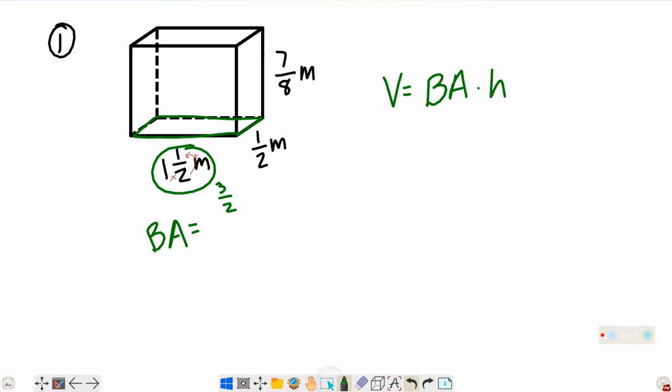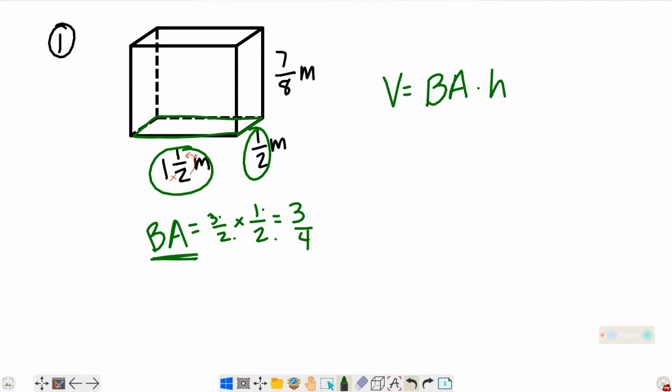So we are going to use 3 over 2 times 1/2 because that's the other dimension of that rectangle. 3 times 1 is 3, and 2 times 2 is 4. So we're going to substitute, which means replace, BA with 3 over 4.